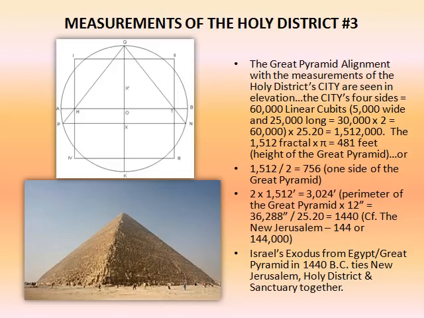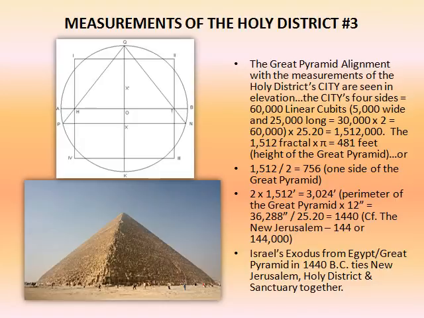This is our final slide of video number 25 in this special series, and this is on the measurements of the Holy District. This is our third slide within this particular video series here. The Great Pyramid alignment with the measurements of the Holy District's city are seen in elevation.